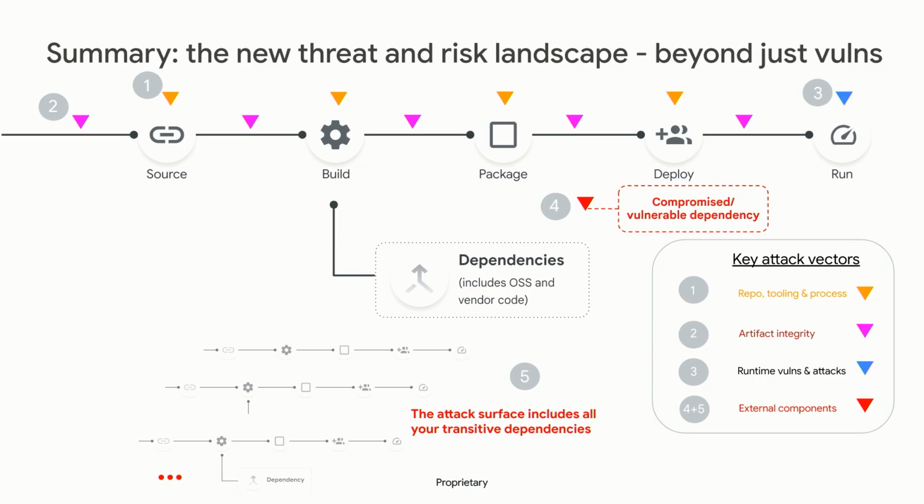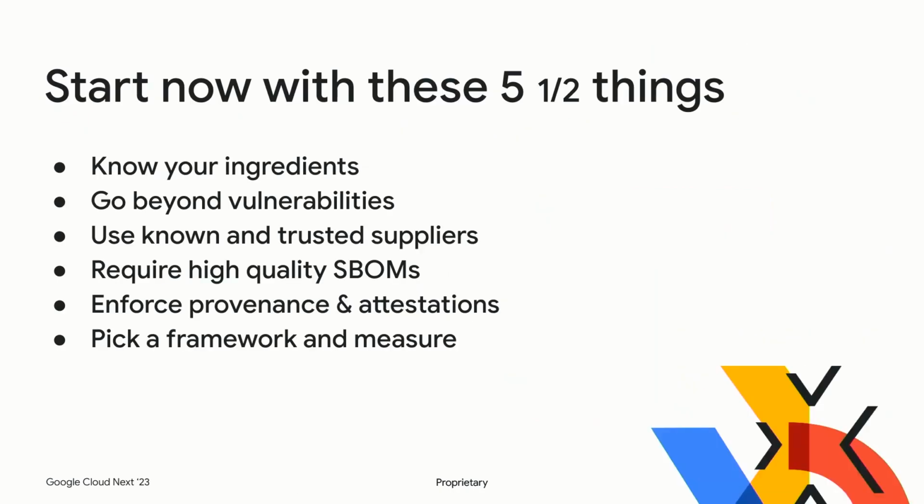Taking a look at this and how we would address this, places to start are, number 1, know your ingredients. Know what's actually going in the software that you're building. Number 2, beyond the vulnerability management, vulnerability detection, think about the risk areas in your supply chain where malware can be injected by an active and creative threat actor. Use known and trusted suppliers.